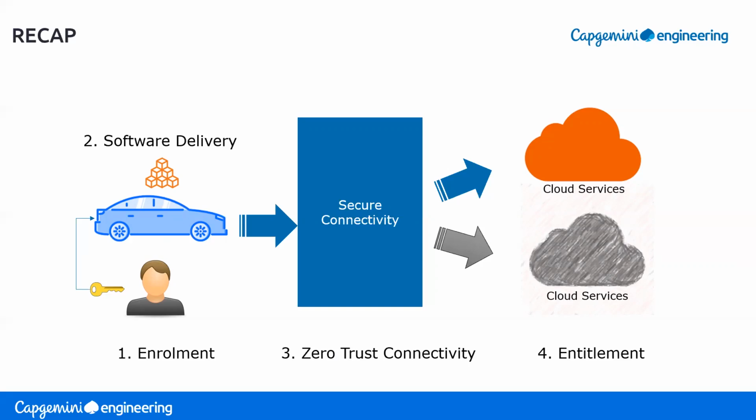The software that is delivered into the vehicle always connects via a secure platform, such that the data that flows between the vehicle to the services is encrypted end to end. And second, there is no inbound connection into the vehicle, such that the attacks or threats which can happen on the vehicle otherwise do not happen.